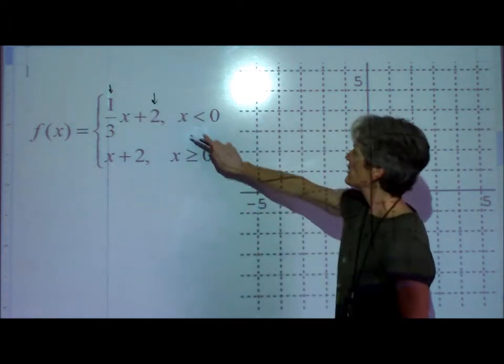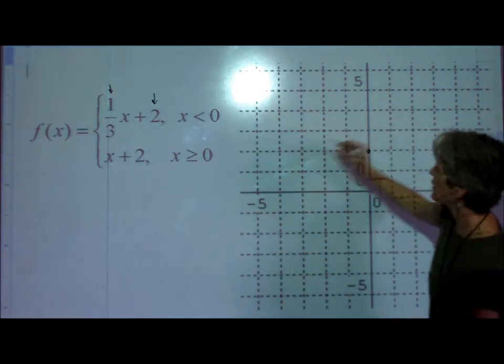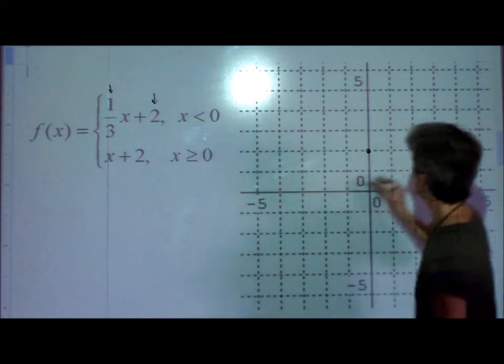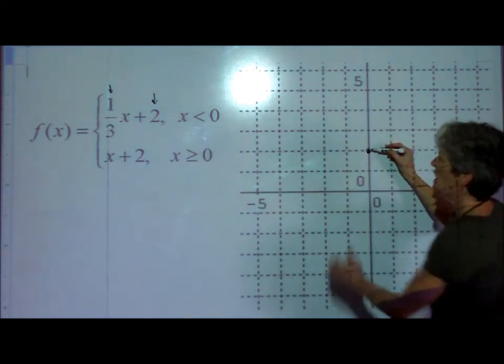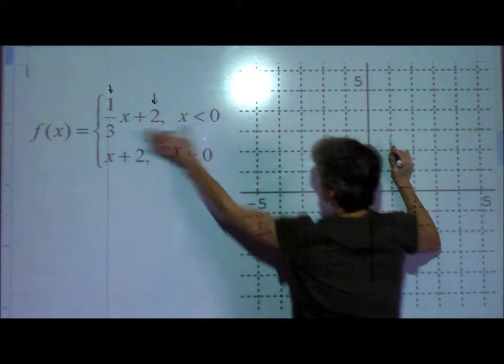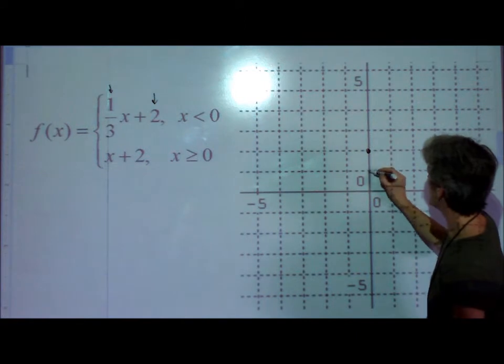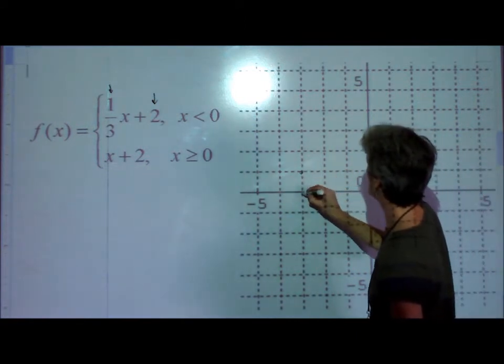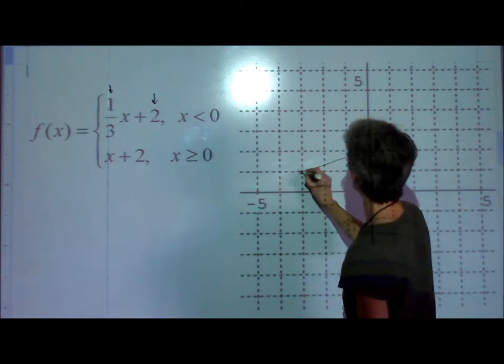My y-intercept is 2 and my slope is 1/3. So I could go up 1 and over 3, but I just want this piece to be where x is less than 0. So I'm going to go down 1 over 3, down 1 over 3, and there's my line.